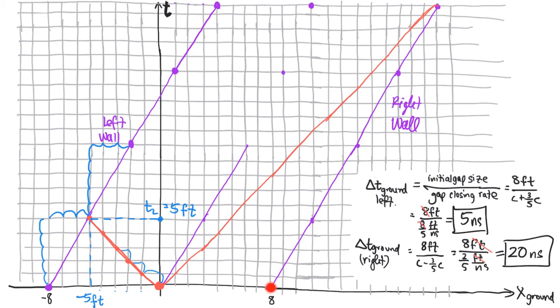And for the wall, we've gone over 3 feet and up 5 nanoseconds because its speed is 3/5 c. 1, 2, 3 feet, 1, 2, 3, 4, 5 nanoseconds. And you can see I have these little dots every 3 units to the right, 5 units up. I put a dot down. And notice this dot up here at the very top right is exactly where the photon hits the wall.